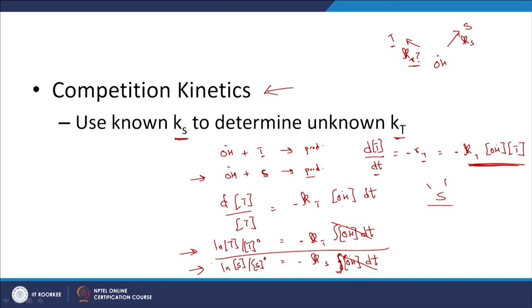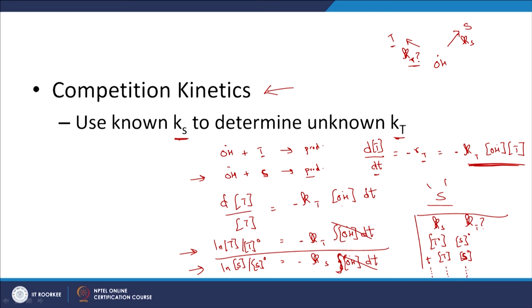So how do I go about this system now? I already have K_S, and I want to calculate K_T. I have T naught and S naught, and I know how T and S change with time. With different times, I know how the target and scavenger concentrations are going to change.